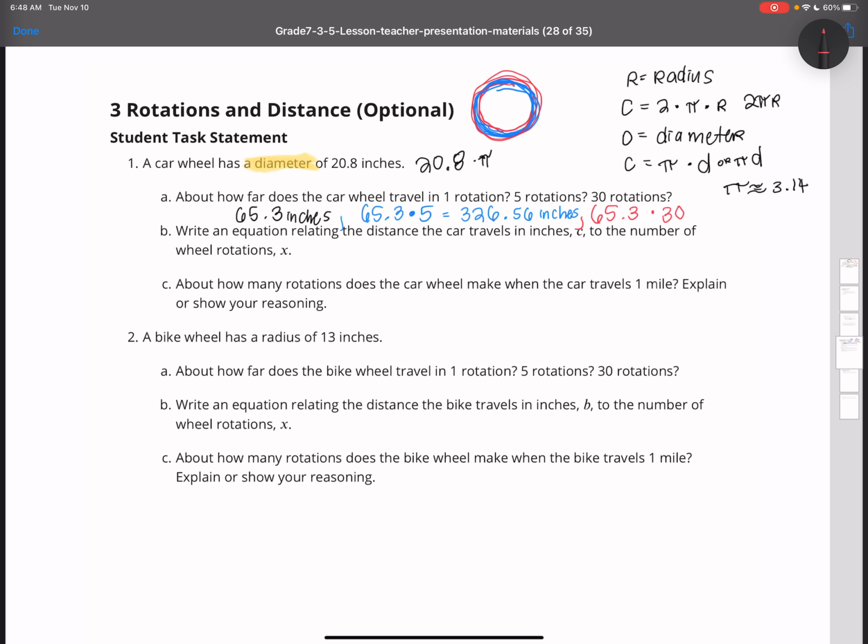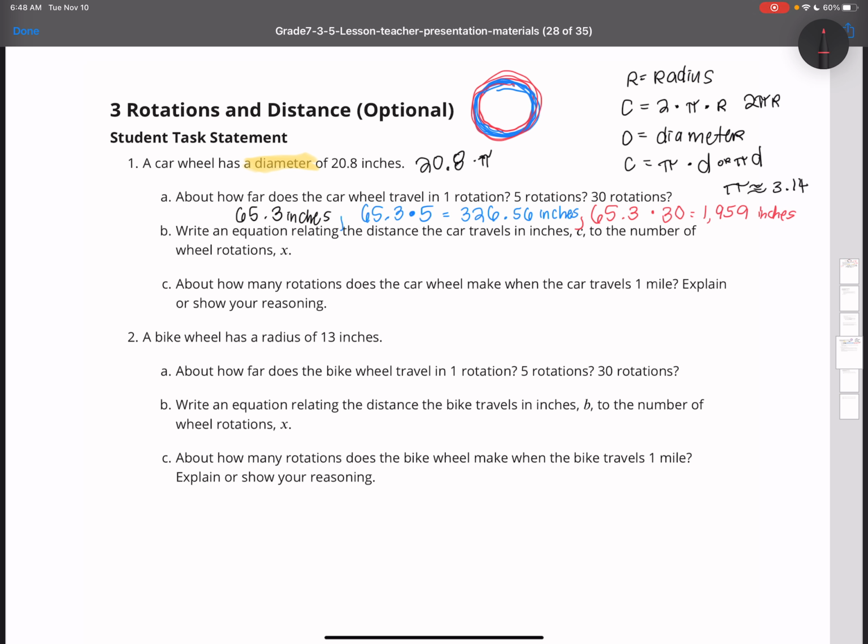So 65.3 times 30 would give me 1,959 inches.